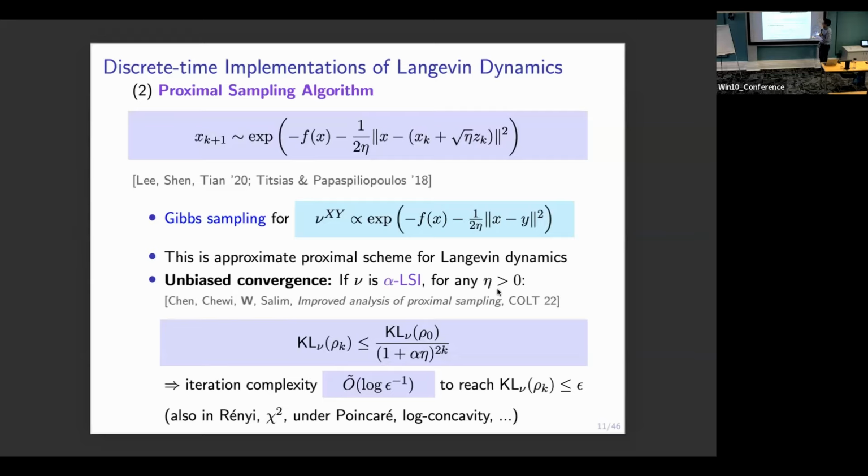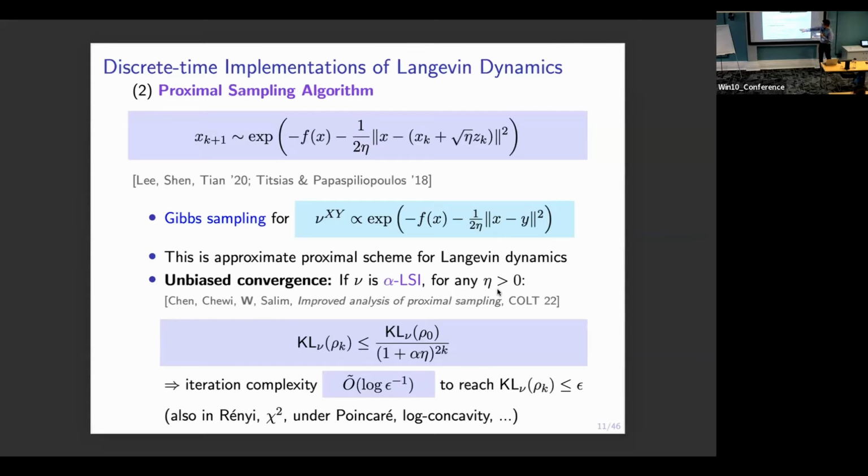So for example, just assuming that the target satisfies log Sobolev without smoothness, assuming you can compute this update, then we can show that the KL divergence at the kth iterate actually goes down exponentially fast with k, with no bias term here, right? And then this implies that if we want to make this less than epsilon, then it's enough to choose log 1 over epsilon iterations, which is nice and matches with the continuous time guarantee.